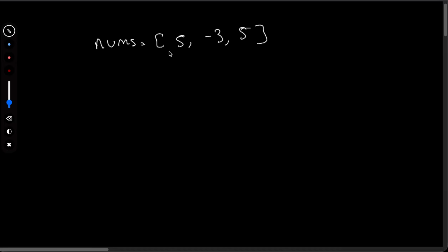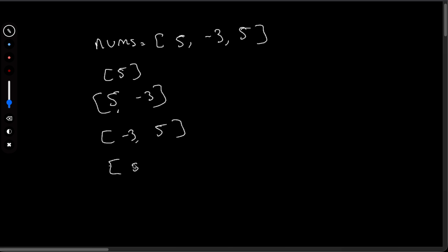A subarray means continuous elements taken together. So we find the various subarrays. First is 5, next is 5 and -3, and then -3 and 5, and last is 5, -3 and 5.